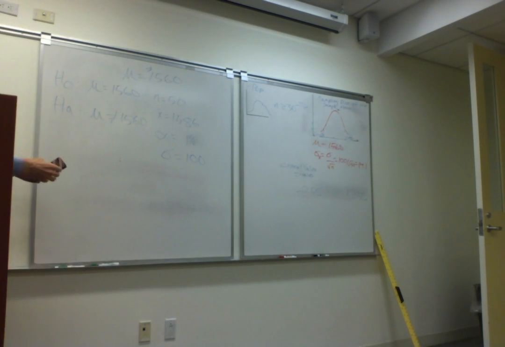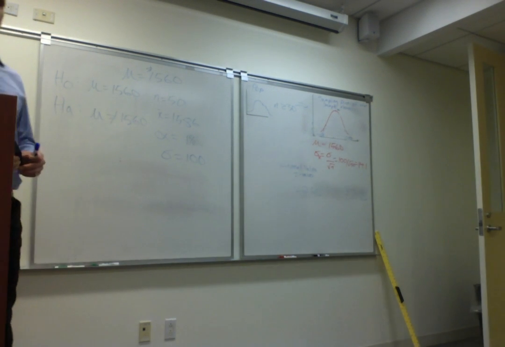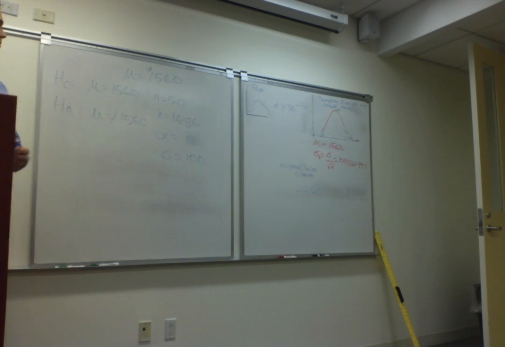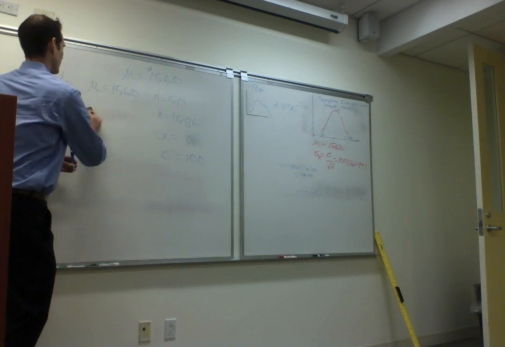Okay? I am going to give you the benefit of the doubt the same way I did last time. I'm going to say, I assume what you say is true, that the mean rent for one bedroom in St. Louis is around $1,560.